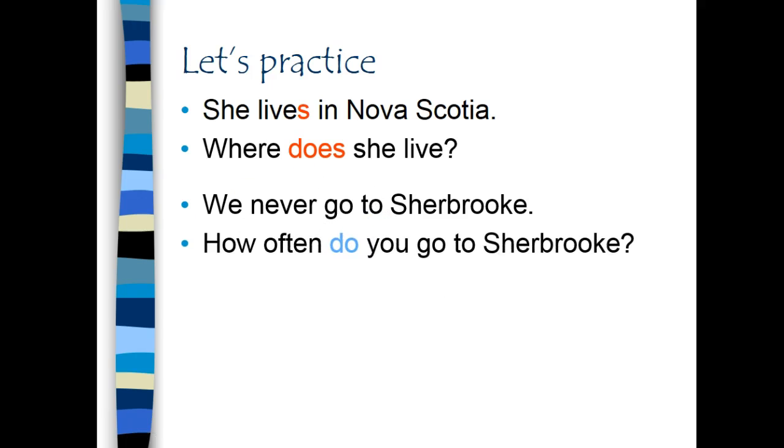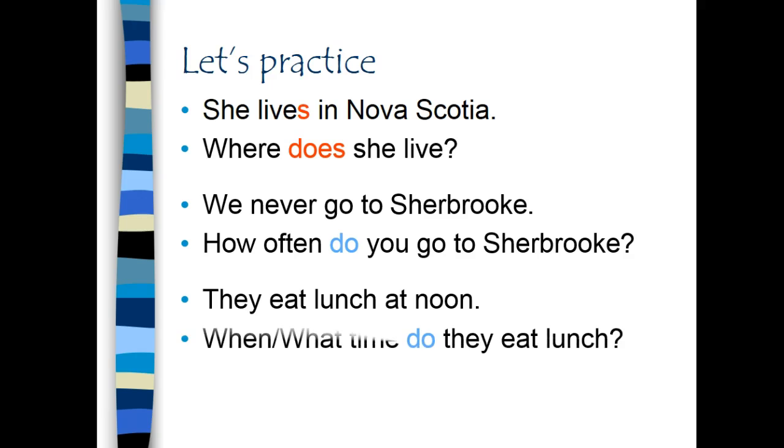How often do you go to Sherbrooke? They eat lunch at noon. There is no S on my verb, so there's not going to be an S on my auxiliary. And then I have a choice of 2 question words. I could say when or what time. What time do they eat lunch?